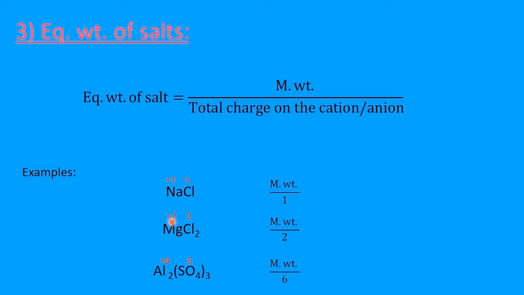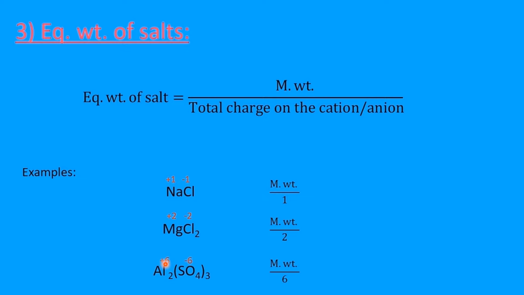In the case of magnesium chloride, take the molecular weight by 2. The plus value is equal to the minus value, 2. In the case of aluminum sulfate, how do you get 6 there? For aluminum, what is the charge? Al plus 3. What is the charge on the sulfate? SO4 minus 2. How many aluminiums here? 2 aluminum, 2 into plus 3, how much charge?